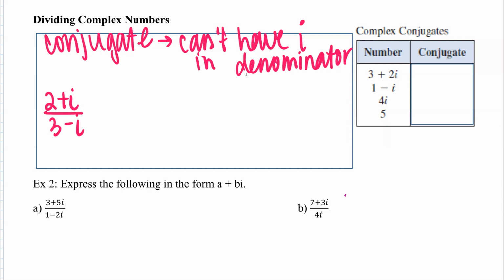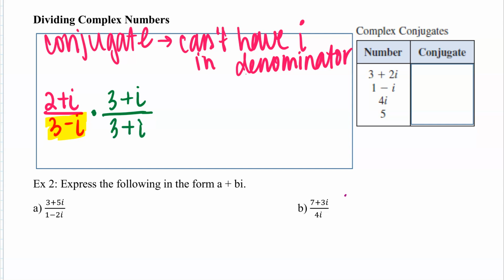So the conjugate, when we multiply the top and the bottom by the conjugate of the bottom, is just the same thing, except we have a plus sign between the terms.